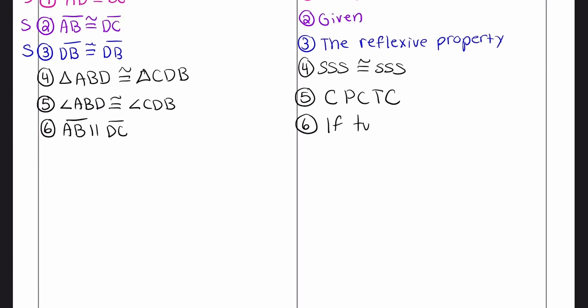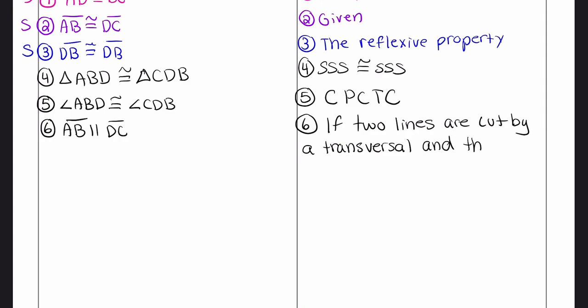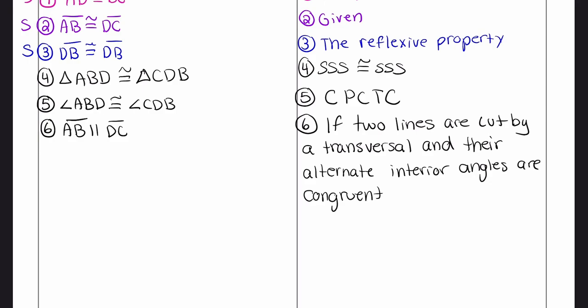If two lines are cut by a transversal, and their alternate interior angles are congruent, then those lines are parallel. So this is it again. I was able to prove that they're parallel.